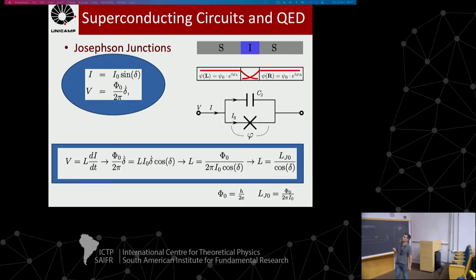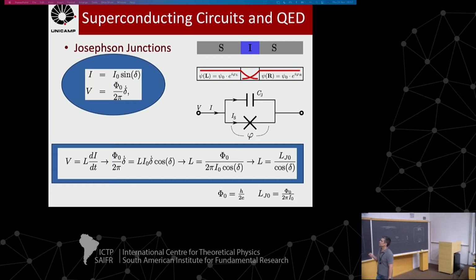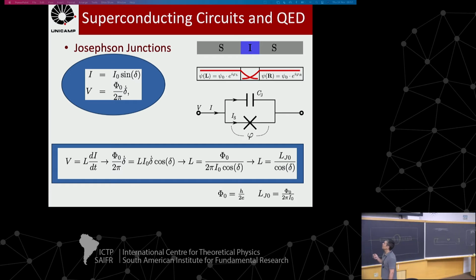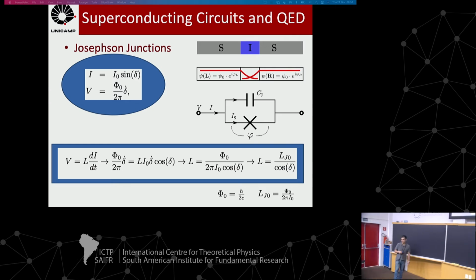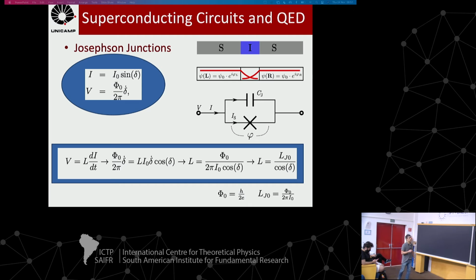This is the usual way you see in many articles. The current goes with a constant that depends on the fabrication, times the sine, and the voltage goes with the rate of change of the phase. These are the two equations that describe the Josephson junction.